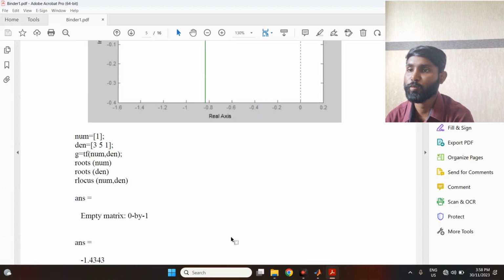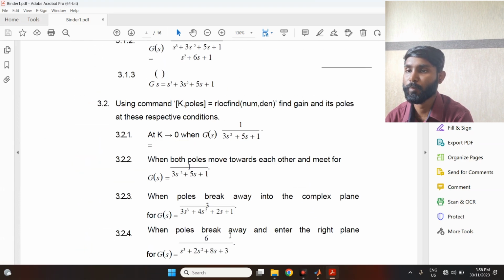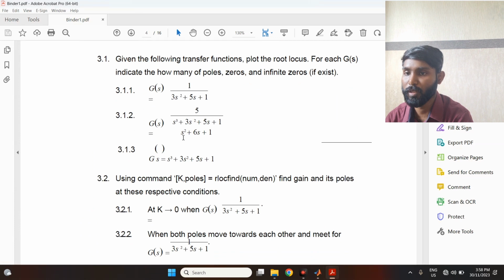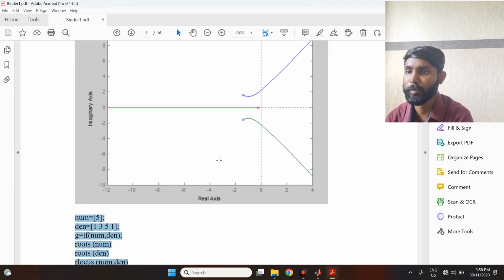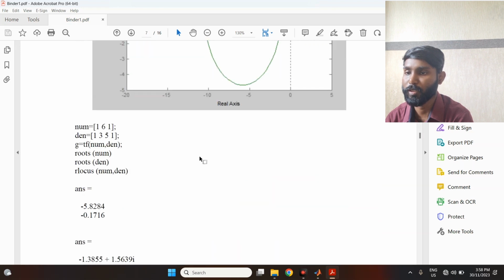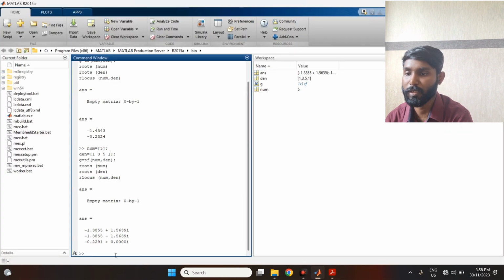Now let's go for the next question, which is 3.1.3. The numerator is s squared plus 6s plus 1, and the denominator is s cubed plus 3s squared plus 5s plus 1. If we convert it into the code, it will be somewhat like this. I'm just going to demonstrate the graph once again.